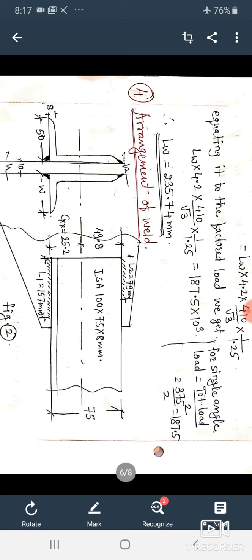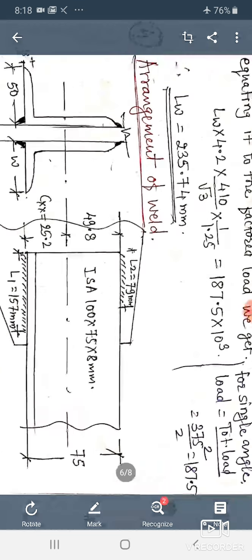For a double angle section, always the longer leg will be connected to the gusset plate on both sides. The arrangement you can do however you want. Since it is an unequal angle section, we have to maintain the centroidal axis, so the center of connection and center of member should coincide.